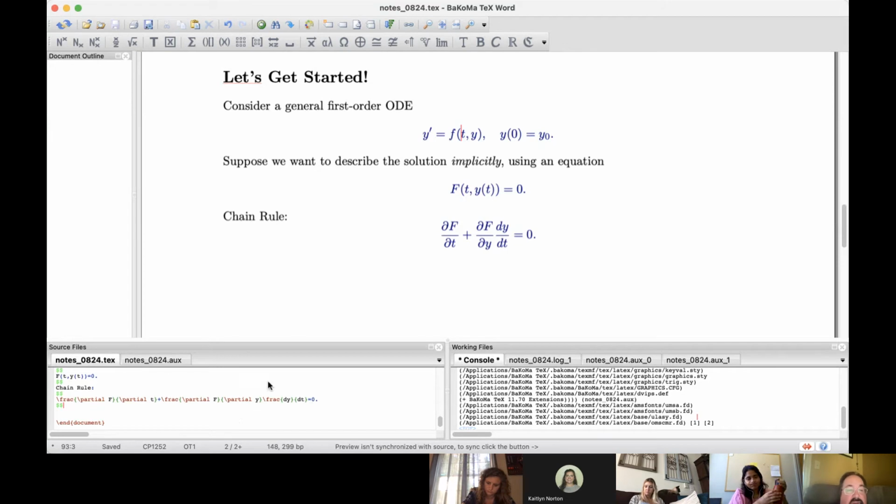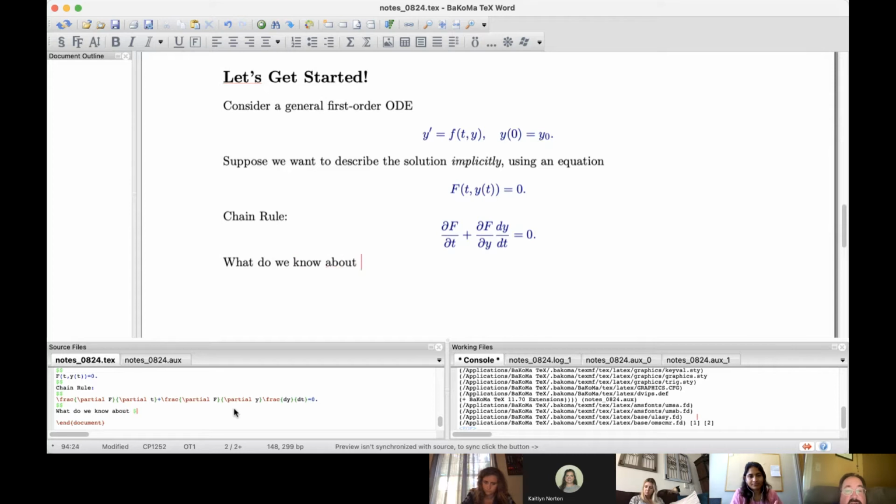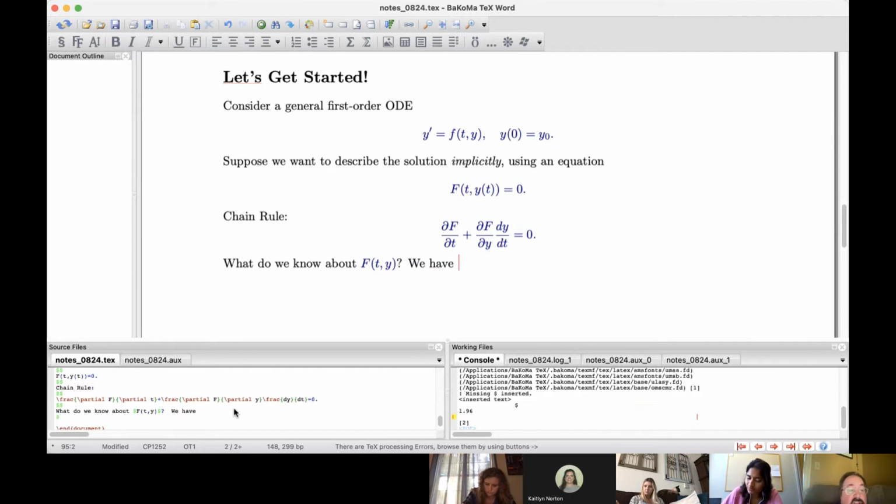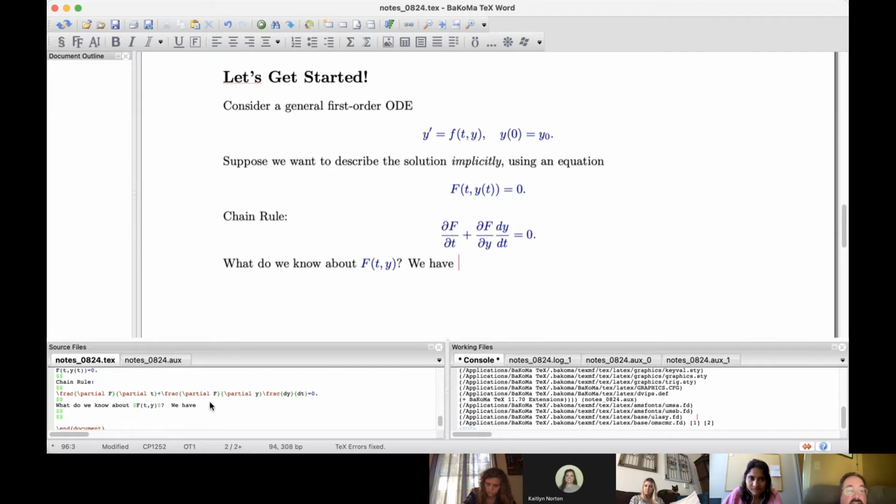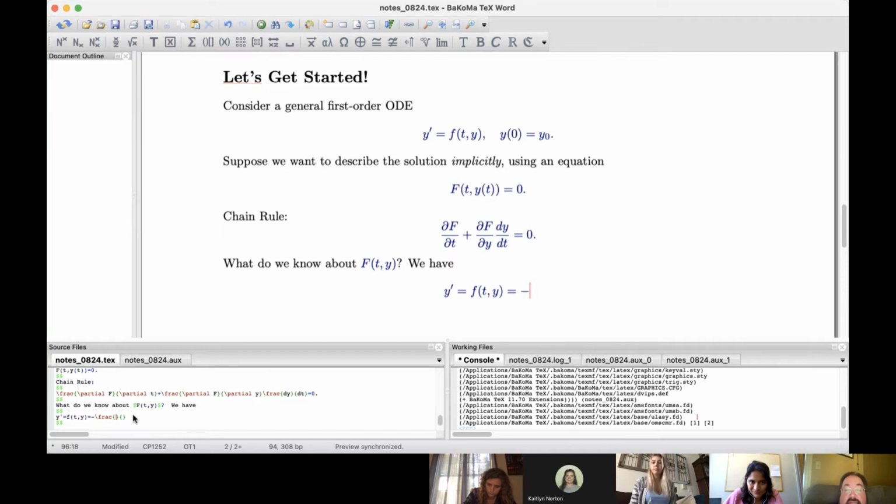All right. Now, what I could do is if I try to match these two up, then I could say that y prime is f of t, y, but that would also be minus dF/dt over dF/dy, just from rearranging it and solving for dy/dt.